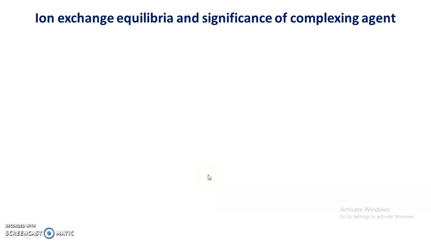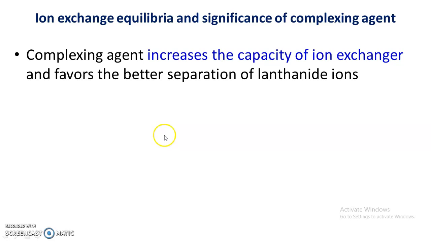The complexing agent increases the capacity of an ion exchanger resin to fractionate the lanthanide bands into individual bands, and therefore plays an important role in the individual separation of lanthanide ions. This means the complexing agent increases the capacity of the ion exchanger resin and favors better separation of lanthanide ions.